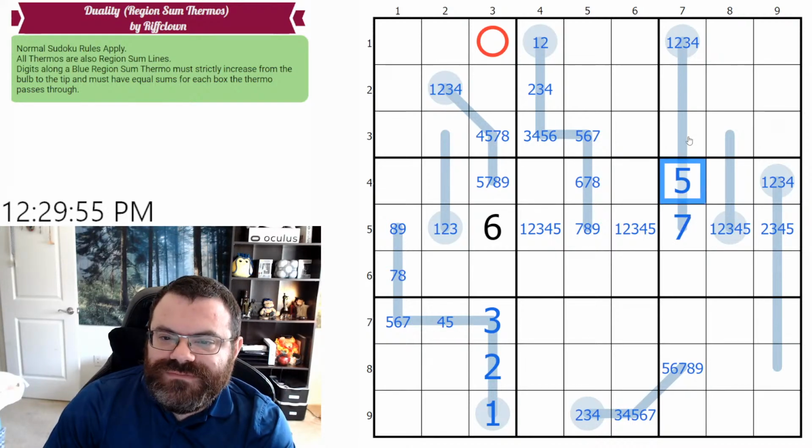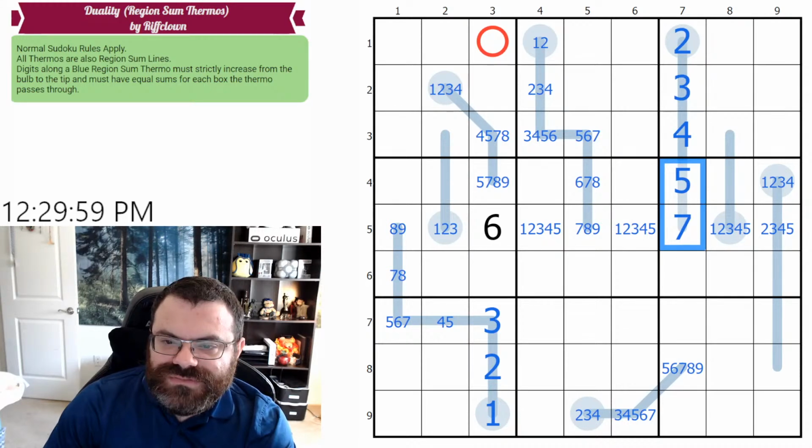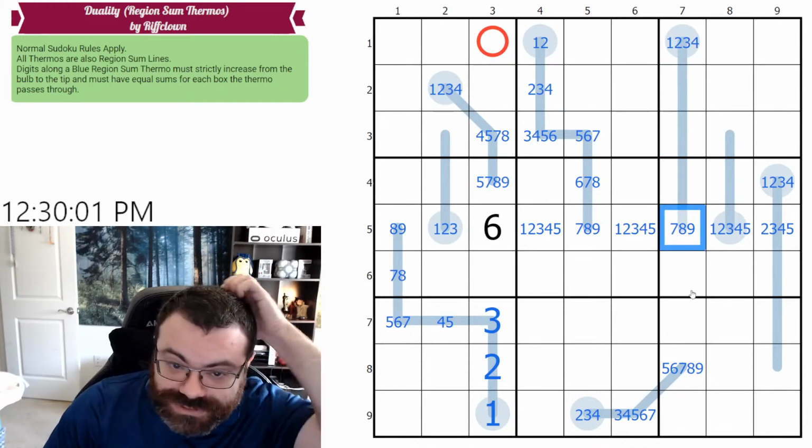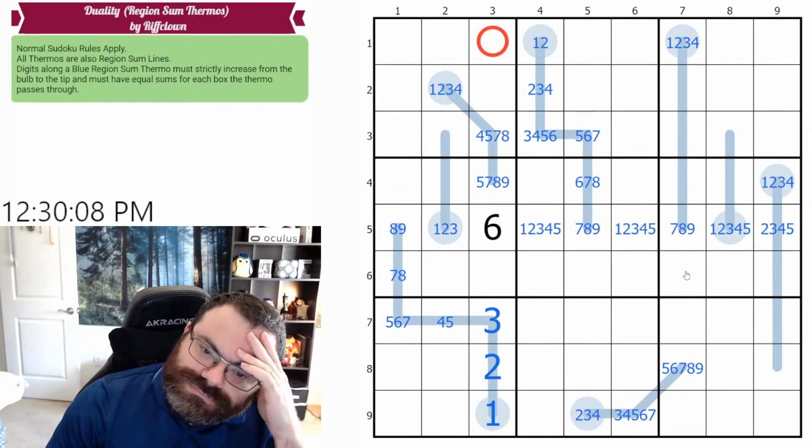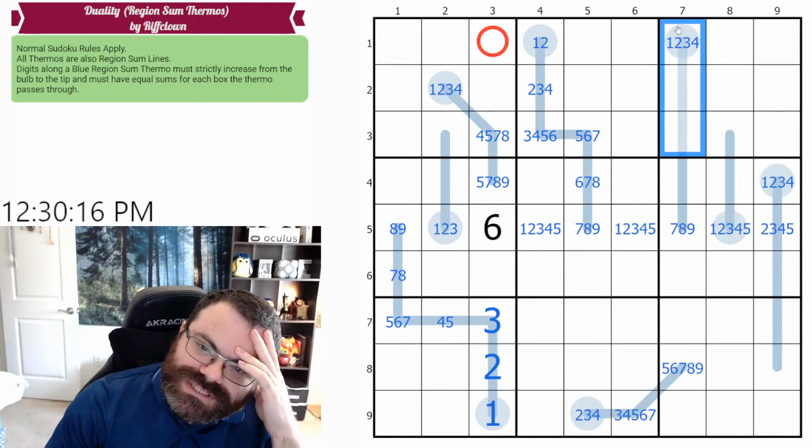No, I think we can do 7, 5, 4, 3, 2. That adds to 12, and that adds to 12. So 7 does work. Oh no, 4, 3, 2 adds to 9.